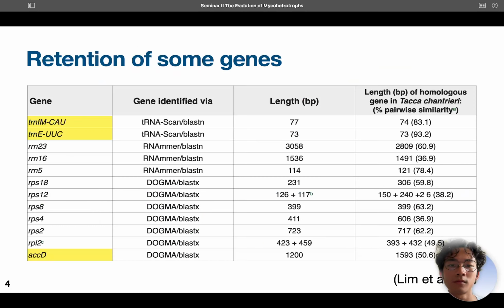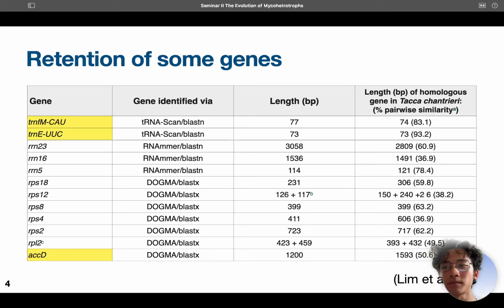And why does the plastome still remain? It's because the studies say that it's essential for the plant to keep some of those genes within the plastid. It affects the survival of the plant, like shown in these yellow boxes that I highlighted.